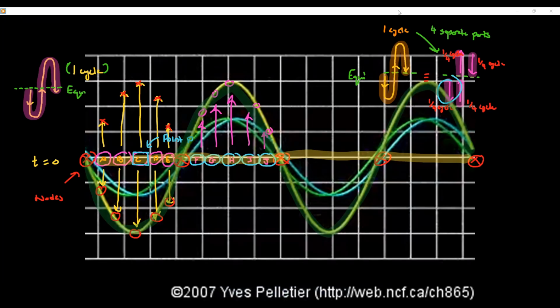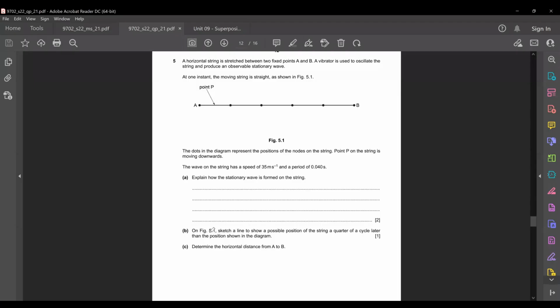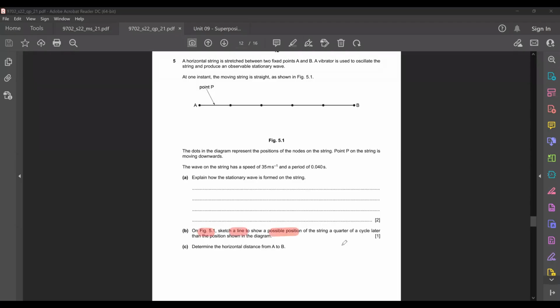So if you are asked to now draw the shape of your string, it will actually look like this. Let me just zoom back to the question. So on figure 5.1, sketch a line to show a possible position of the string a quarter of a cycle later than the position shown on the diagram.